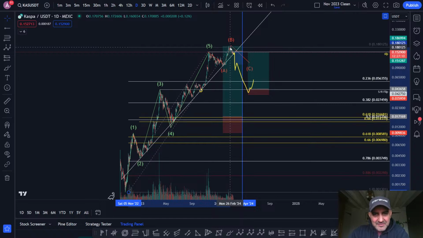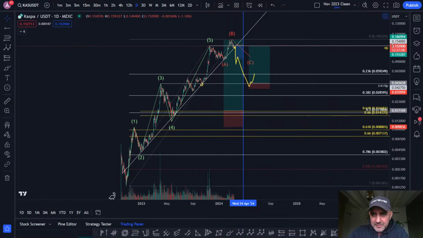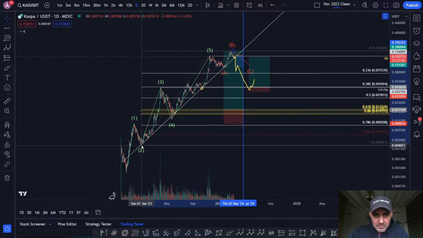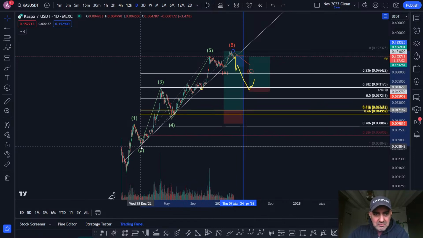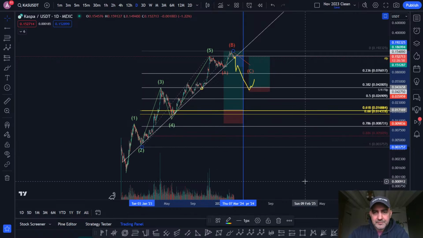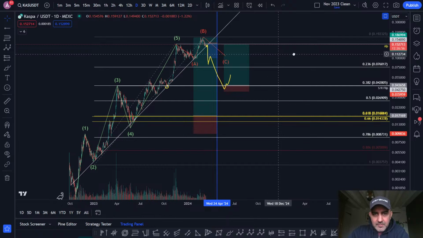There's no major fib levels though. That's the problem. That's what I don't like. From this pivot, there's a 0.382. Maybe that's the one. Maybe there.